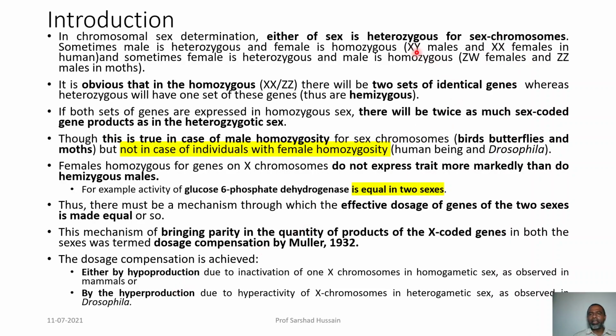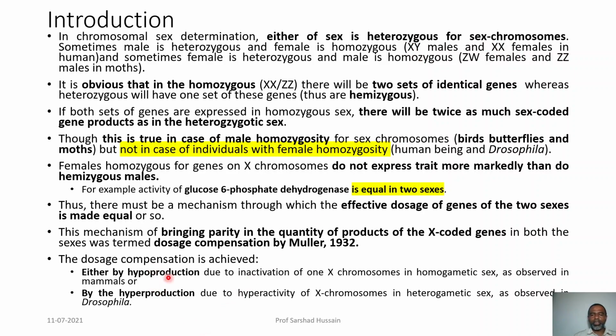The other way is you double the production of the X chromosome in the male, then again the amount produced by the two X chromosomes in the female will become equal to the amount produced by the genes present on the X chromosome in the males. So, this is hyperproduction.